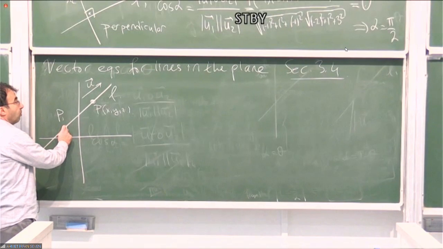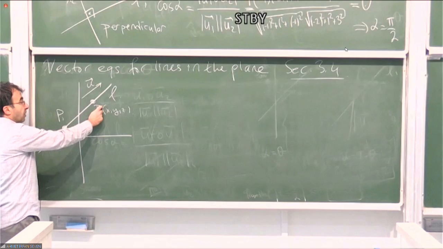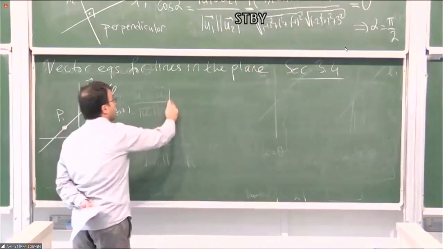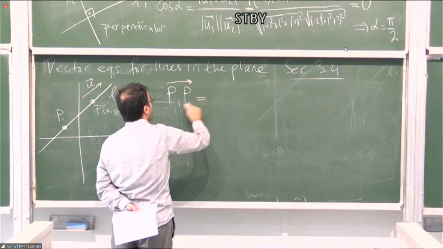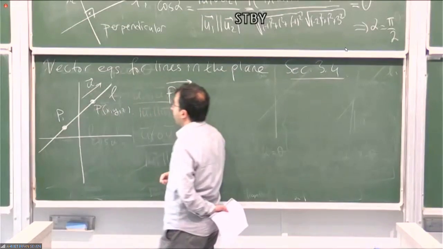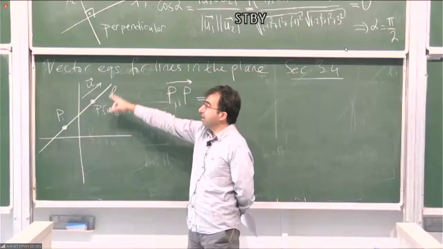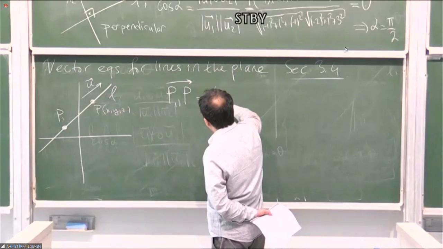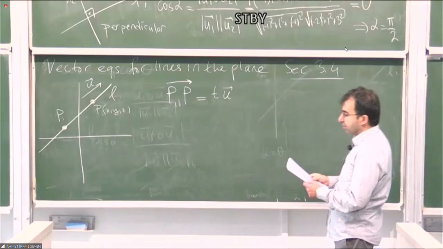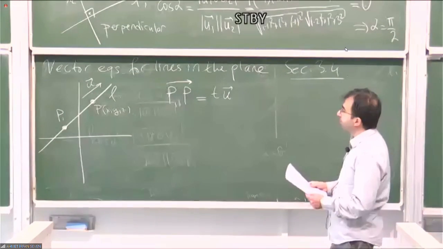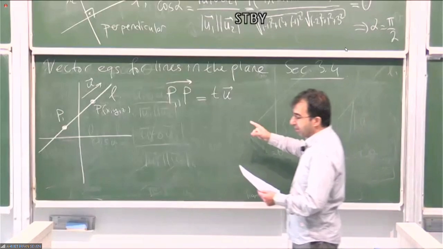P1 is already on L. If P is another point, then we can consider this vector P1P, and it should be parallel to u, and parallel means multiple. So it will be a multiple of u. So this would be our vector equation.